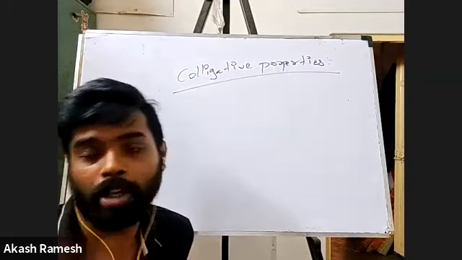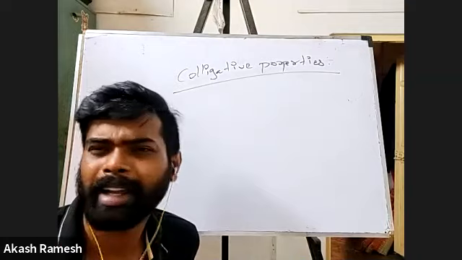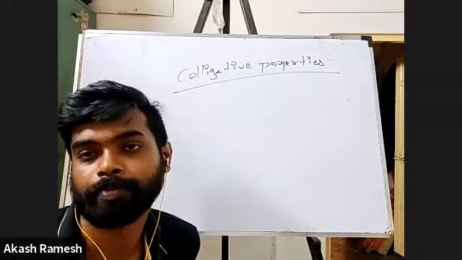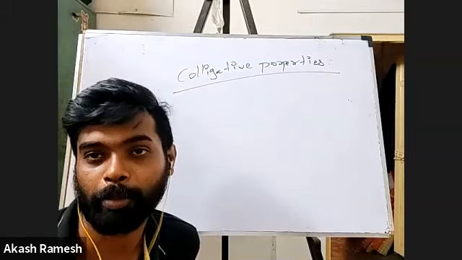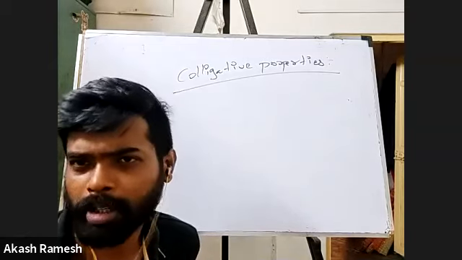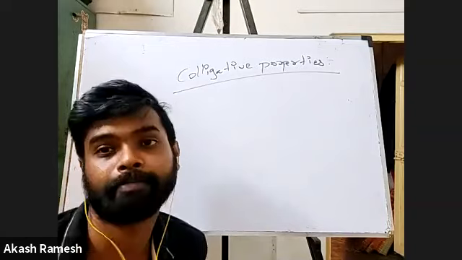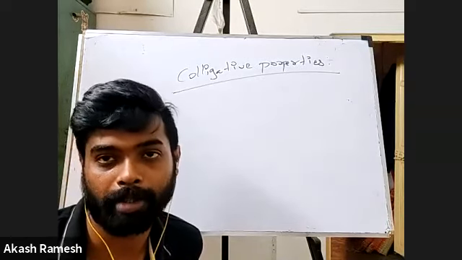That's what matters for these colligative properties. It really doesn't care about who you are. It just cares about how much you have. Who you are doesn't matter, but how much you have matters for these colligative properties.